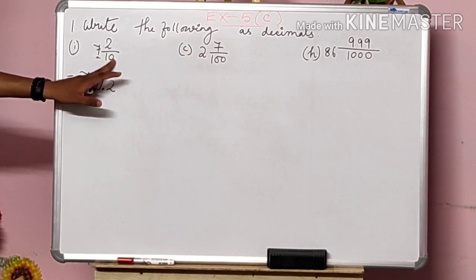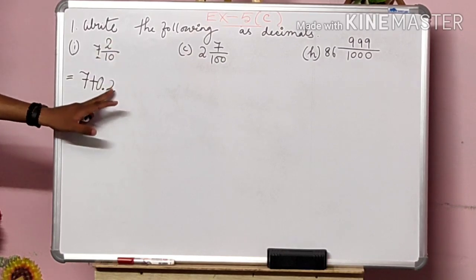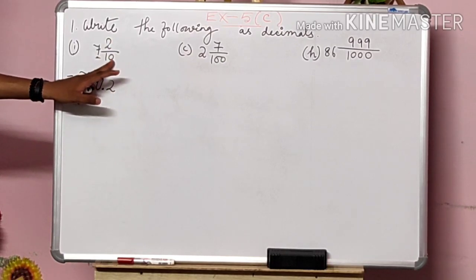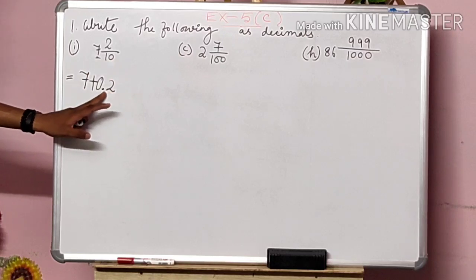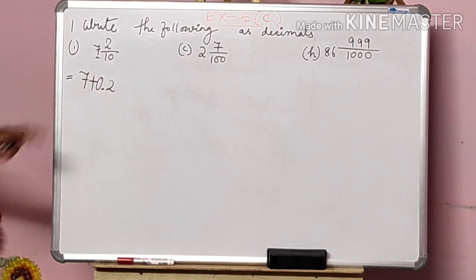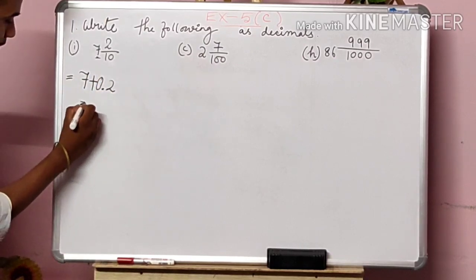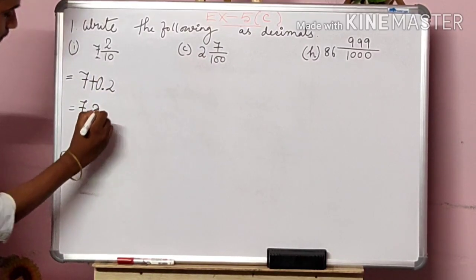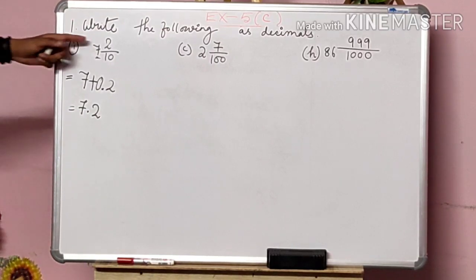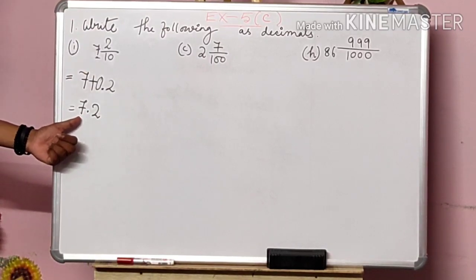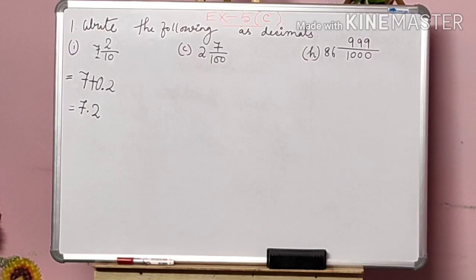Because there is only one 0 present, we have written 2 directly, and we put the decimal before one number, and that's it. Now 7 plus 0.2 can be written directly as 7.2. So you see that 7 2 by 10 is totally converted into 7.2. Any doubt, you ask me.